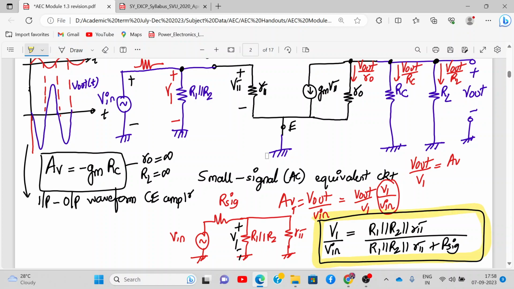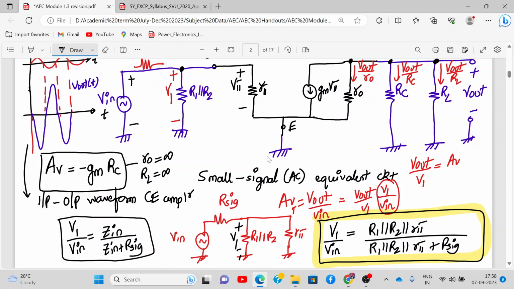Okay, got it? We can alternatively write this, since R1 parallel R2 parallel R pi is Z in only, so like this also we can write. This additional factor we need to find, and then multiply with gm into RC, or gm into RC parallel to RO parallel to RL.